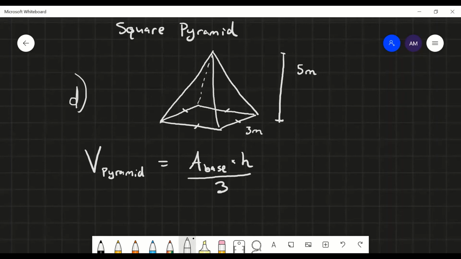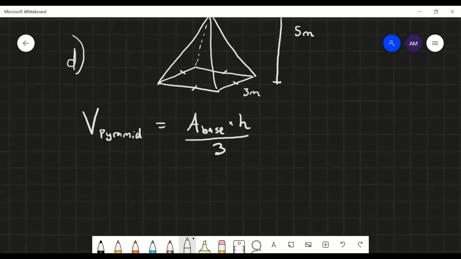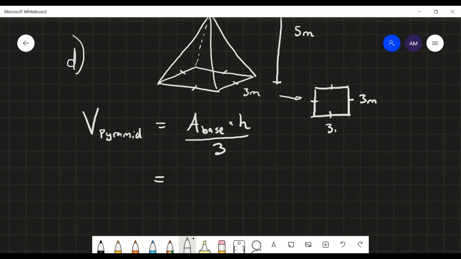So we just need to find the area of the base, and that's not going to be too difficult because the base is just a square. The bottom of this thing is just a square where all the sides are 3 meters. So the area would just be 3 meters times 3 meters, using the formula for a rectangle, times the height, which is 5 meters.